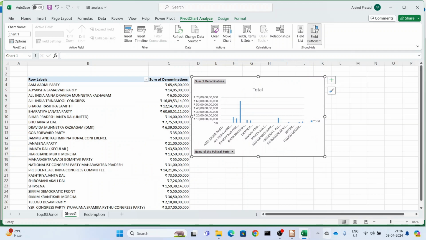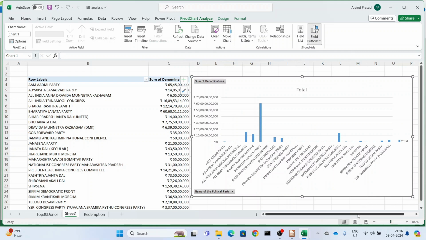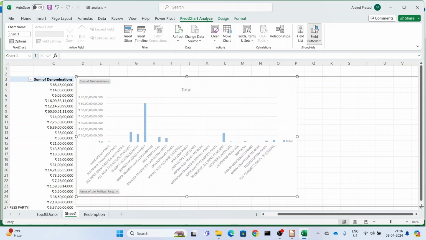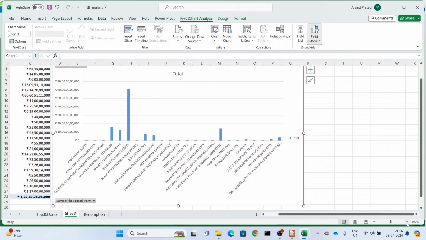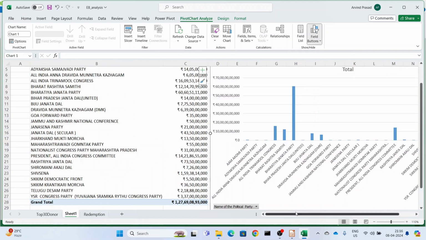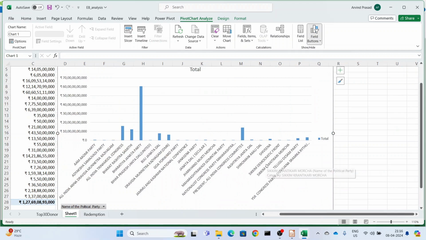And let's close this window and let's really analyze the information that we have got now in this chart. Let's expand this chart and have a look at it. So there we are. Now the first information that we get from this chart is the highest receiver of political funds is BJP.